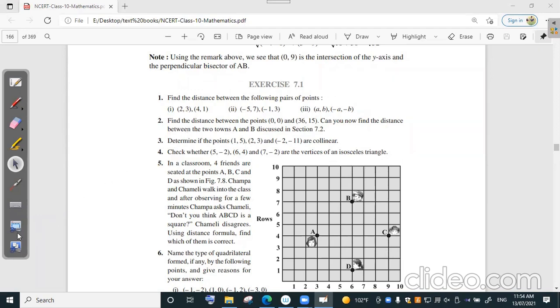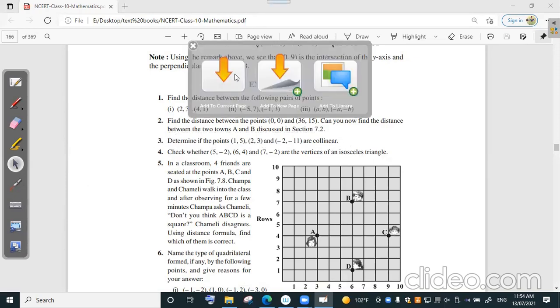That you can also try. You can see the section, find the coordinates again, and use the formula under root x2 minus x1.